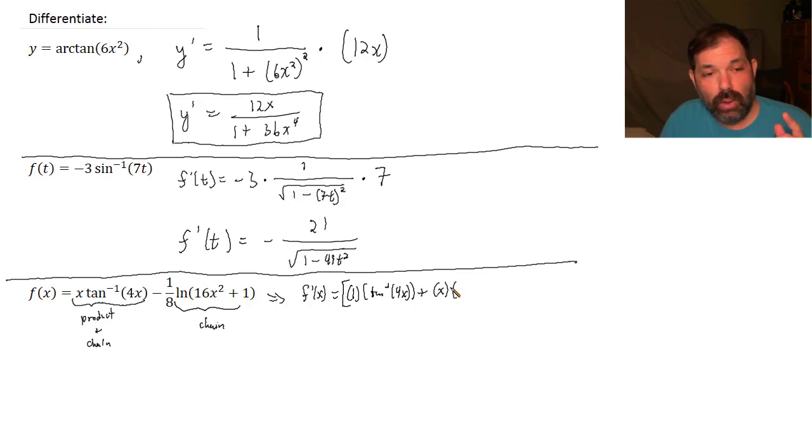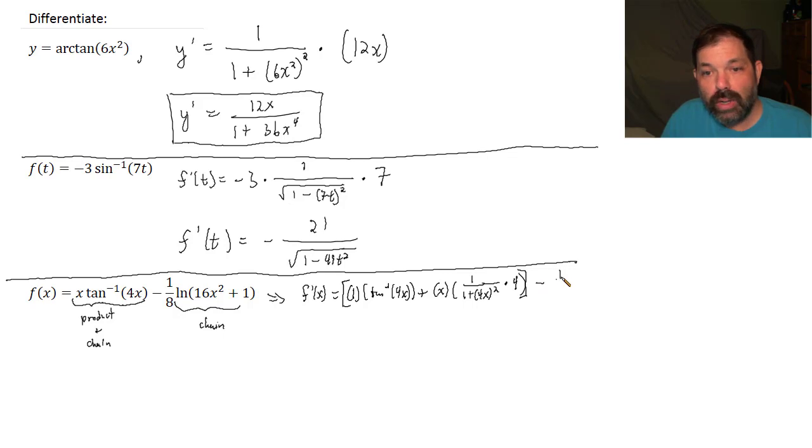Now I need to calculate the derivative of tangent inverse of 4x. So that would be 1 over 1 plus (4x) squared times 4 from the chain rule. So that whole thing in brackets, that's the product rule.